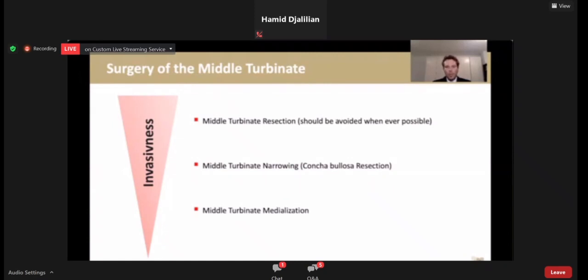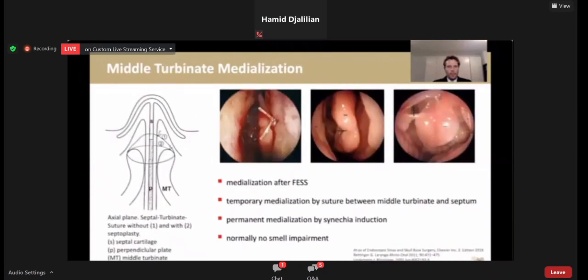What should be avoided whenever possible, but when we have a look into the literature, is often not a problem for the patient in the long run. So the middle turbinate medialization normally is used after functional endoscopic sinus surgery, and you can do that by making a suture through the middle turbinates, through the septum, and then doing a knot in front of the turbinate.